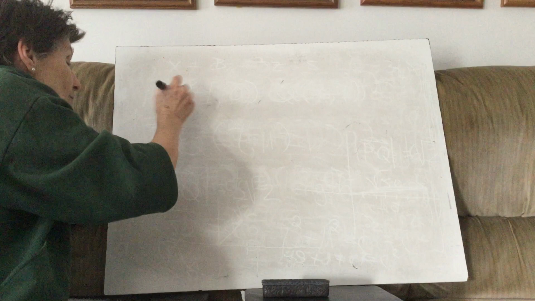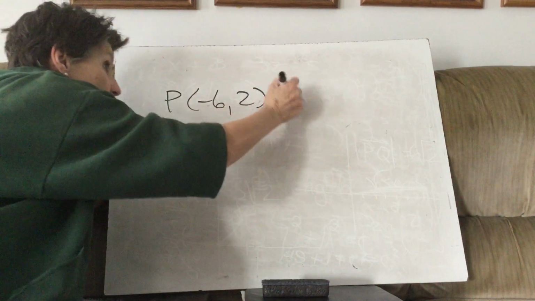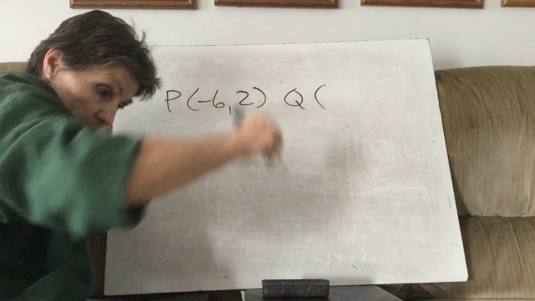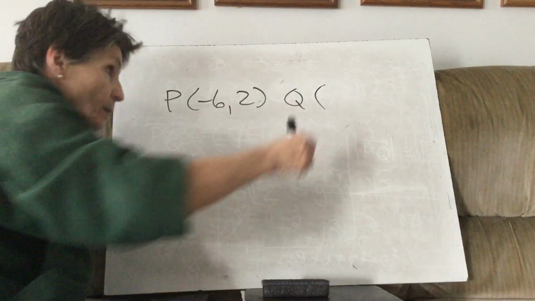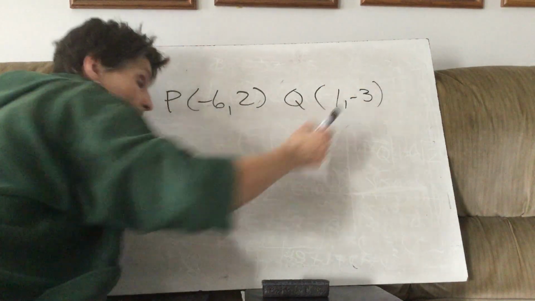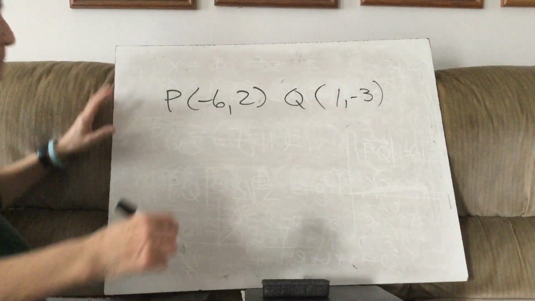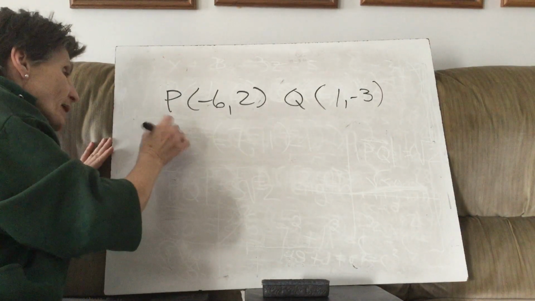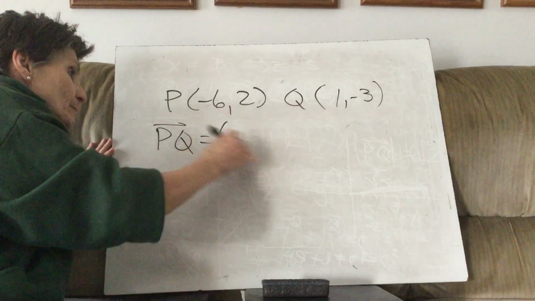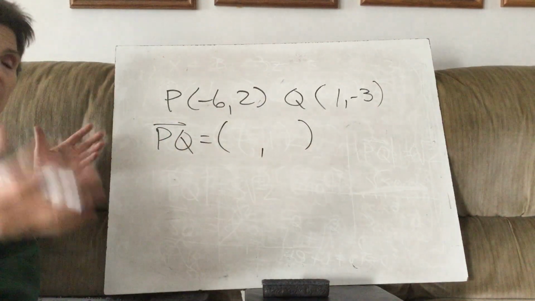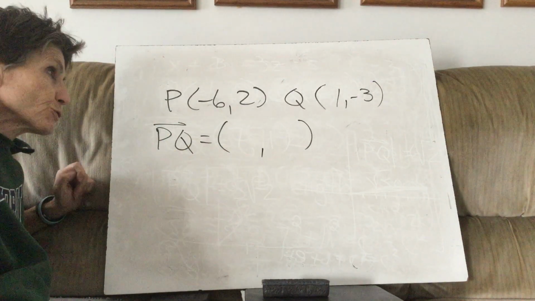Well, let's try another one. It's -6, 2, 1, -3. This is problem C. Okay, you're probably getting pretty good at this. Step 1 is we got to find the coordinates of the vector, or the components, or the directed distance, whatever words you're using.